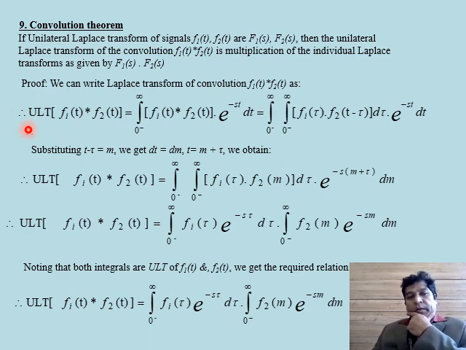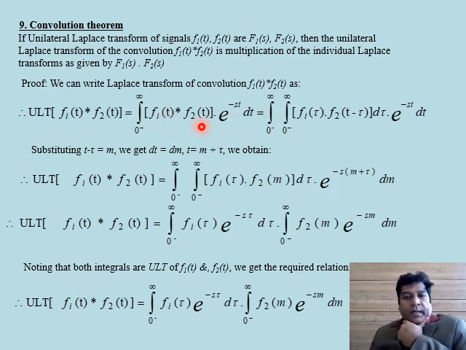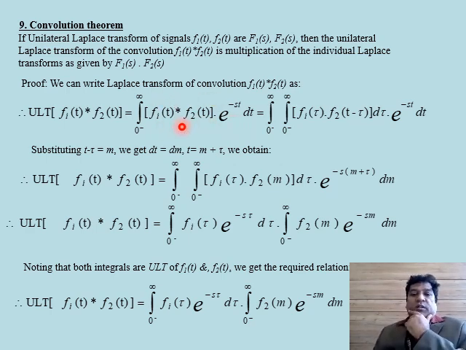So we are going to take the ULT of f1 convolved with f2. Then we are going to write the integral of that convolution multiplied by e power minus st dt. This is the Laplace transform integral. Then you have to write the integral for the convolution. So now we are going to get a double integral.